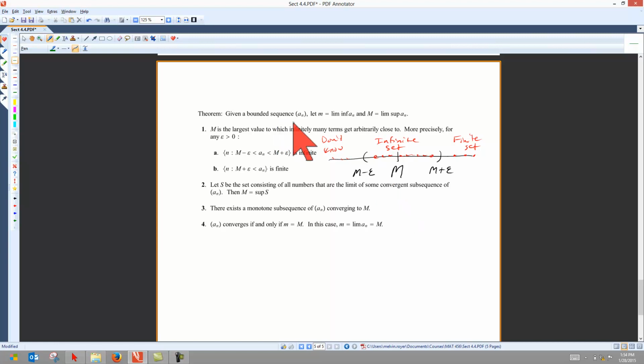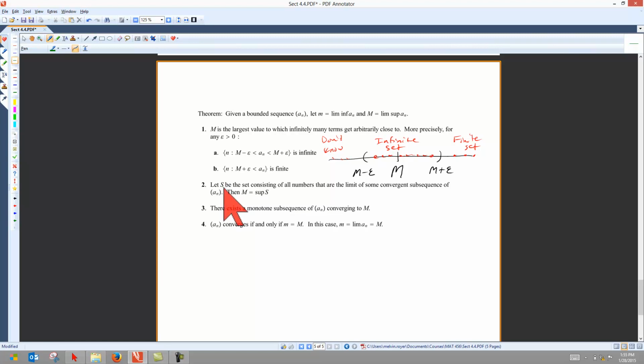So the starting sequence here is bounded, and so in fact there will be convergent subsequences, maybe one, maybe lots of them. Suppose I just go through all of the convergent subsequences that I can find and find the limit of each one of those.